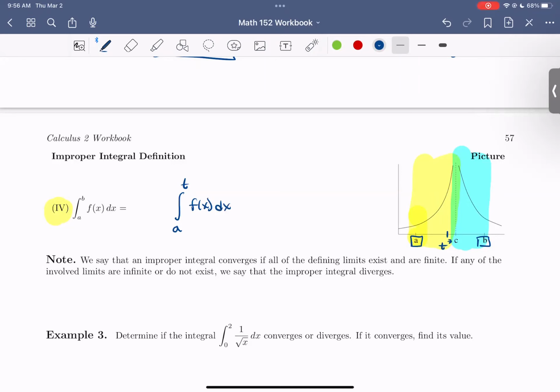Then my next integral, I'll also use T here. It's okay to use the same symbol because I'm looking at different terms. I'm going to add this to the integral from T to B of f of x dx.